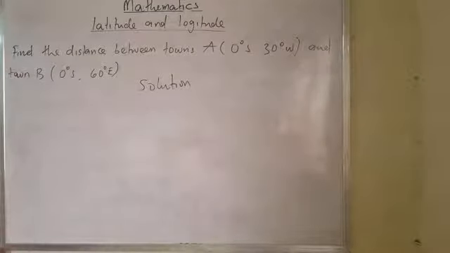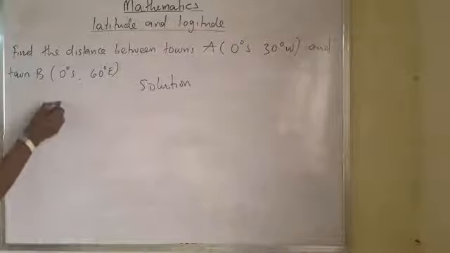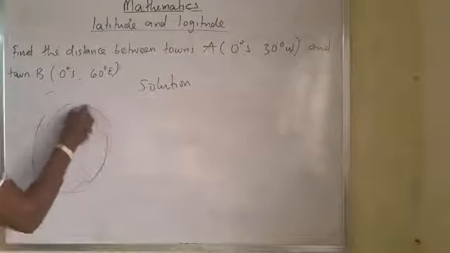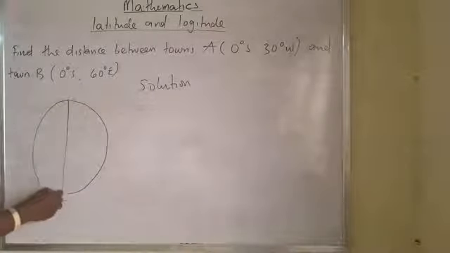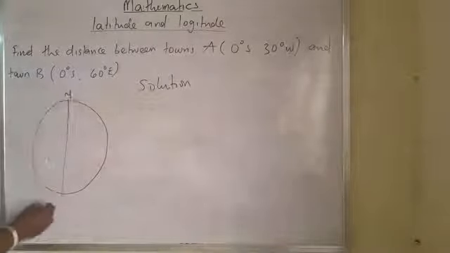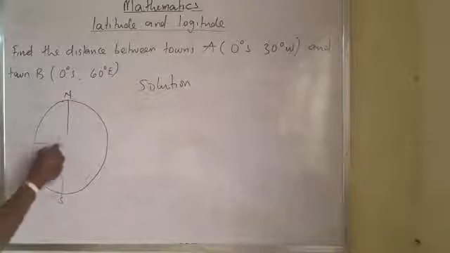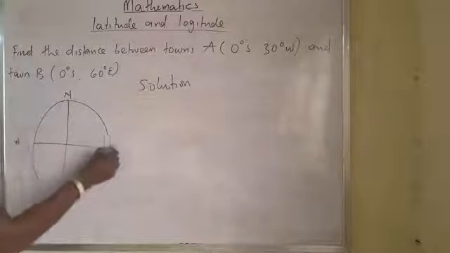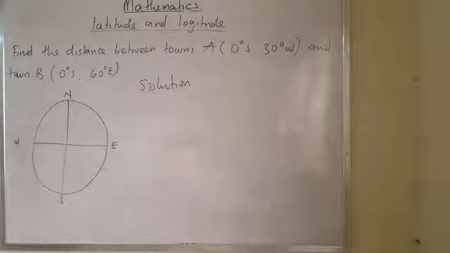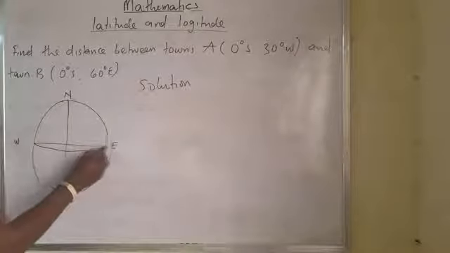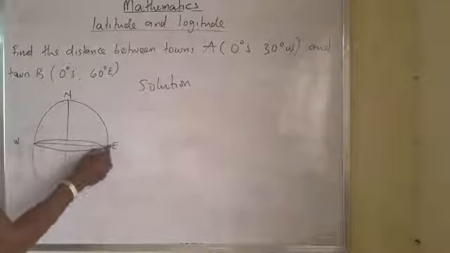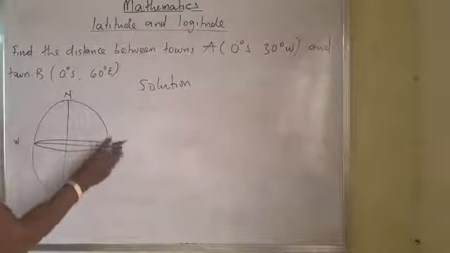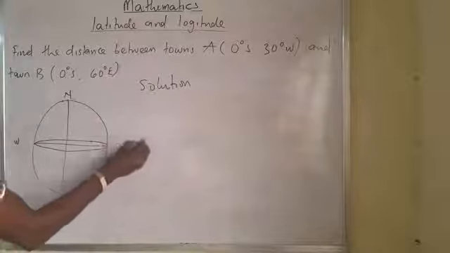Now, when I am talking about something like this, you must know that you have to construct it out. Now, generate your north pole and your south pole. This is going to be your north pole, your south pole, and also west and east. Now, the first one is 0 degree. This is your 0 degree east.